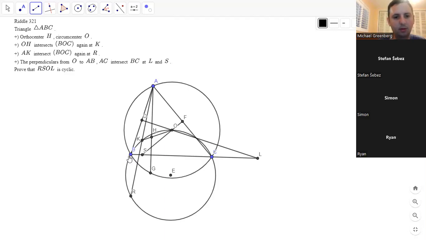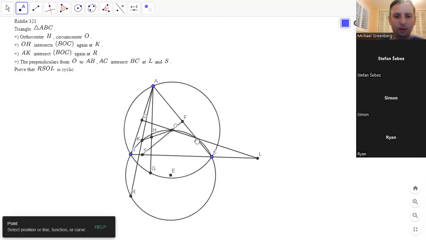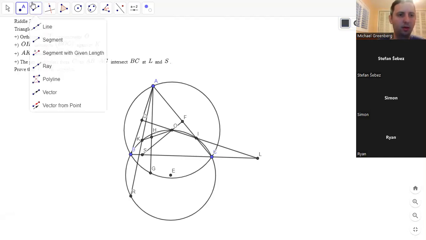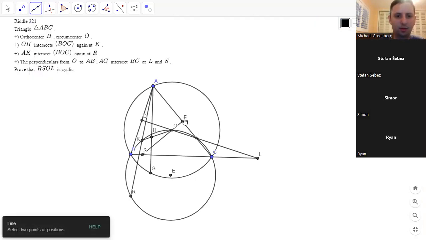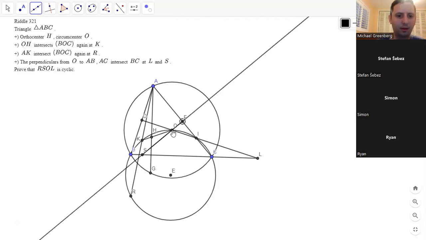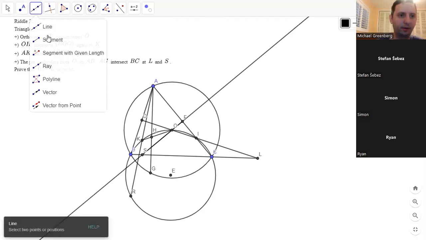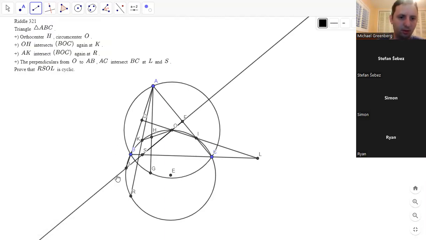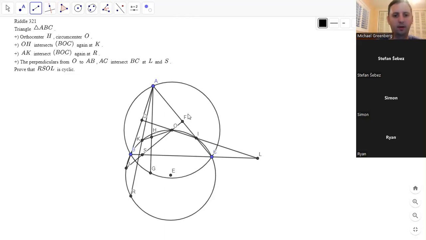Take the intersection points of BOC and AB and AC. Okay. So those will actually be the intersections of perpendicular bisectors. That is an angle chase to prove. So these concur and these concur basically. And what's nice about it is that we can invert about ABC, that circle. Okay.